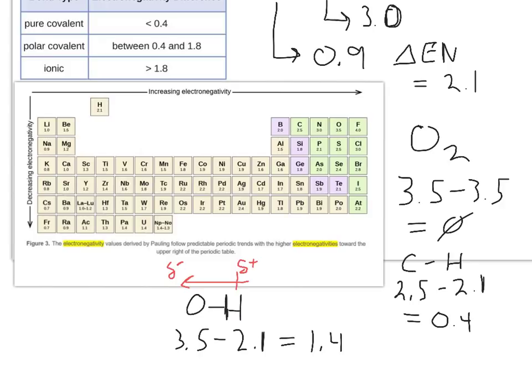This feature is going to be important when you learn about intermolecular forces and how certain organic reactions occur later in your chemistry pursuits. But that is a way of quantifying bond polarity, getting a feel for whether a bond is ionic, pure covalent, or polar covalent.